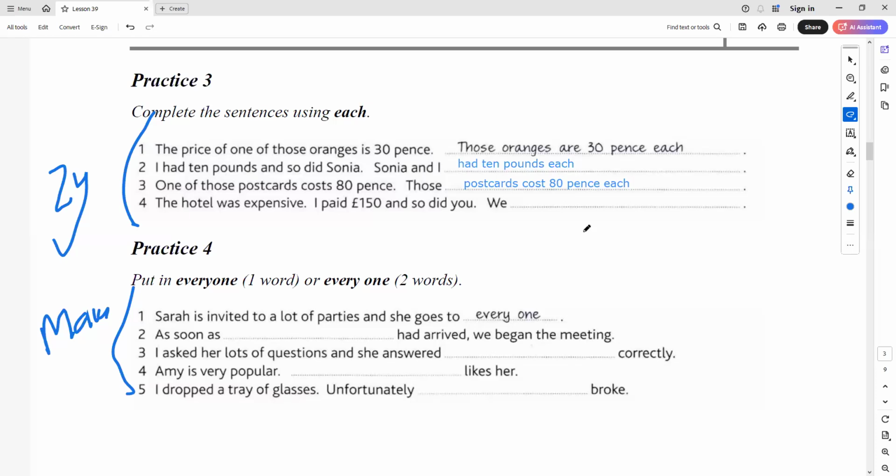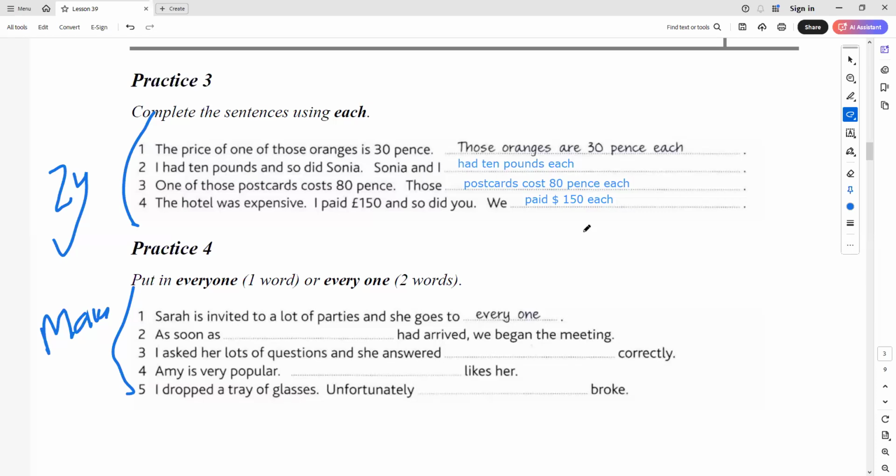We paid 150 pounds each. Yes. Change it yourself. Okay, the pound there. That's American. That's the dollar symbol, right? The currency symbol used in different countries can be different, right?